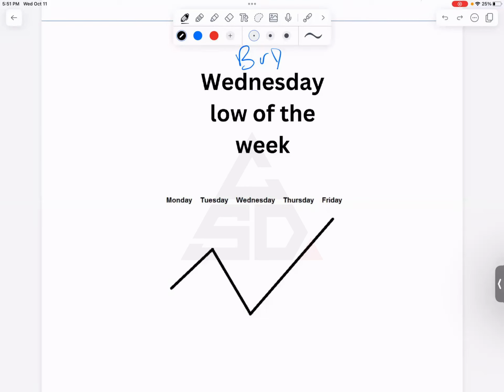Now, also, let's get back to the candle closure. This is the opening. This is the close. This is how it will look on a weekly time frame if it was a candle like this.